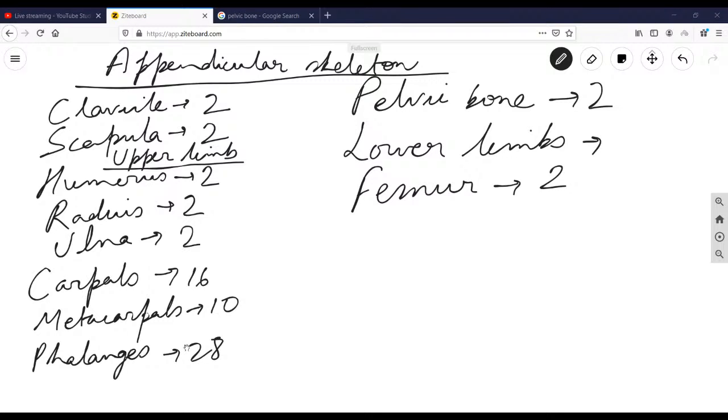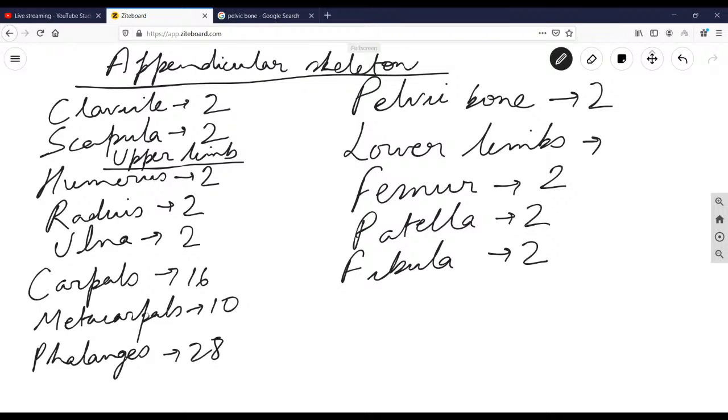Then we have patella, which is the kneecap. You might be knowing kneecap, patella. You have two knees, so two patella. Okay. Then fibula and tibia, just like radius and ulna. You have patella, two, fibula, two. Then we have something known as tibia, again two.